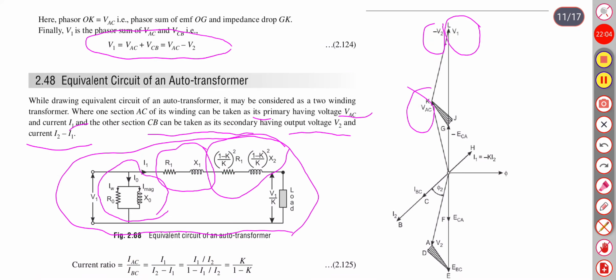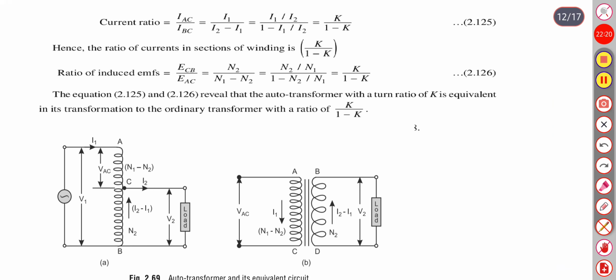So here the current ratio will be I1 upon I2 minus I1, so finally the current ratio will be K upon 1 minus K. And the ratio of EMF will also be K upon 1 minus K. So we can say that an autotransformer with turns ratio K is equivalent in its transformation to the ordinary transformer with the ratio of K upon 1 minus K.